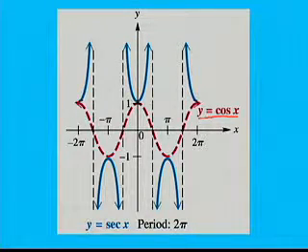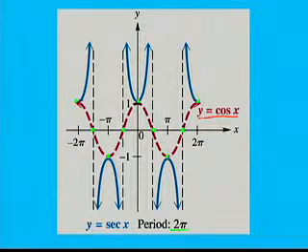So where cosine is equal to 0, we would have vertical asymptotes for the secant curve. Where the cosine is equal to 1, we would have 1 for the secant curve, and where cosine is equal to -1, we would have -1 for the secant curve. And so you can see that again, the period for secant is also 2 pi.